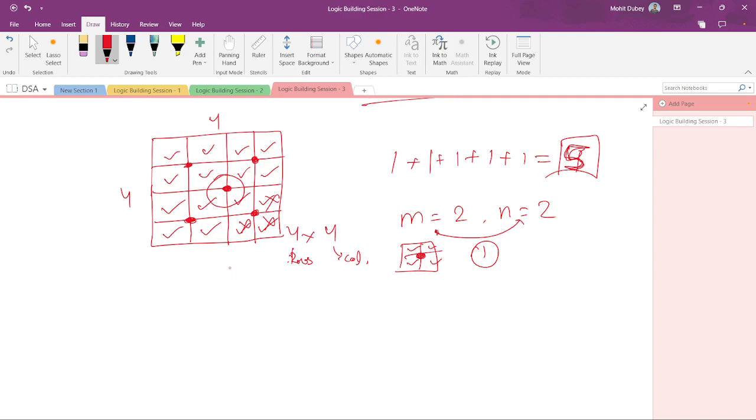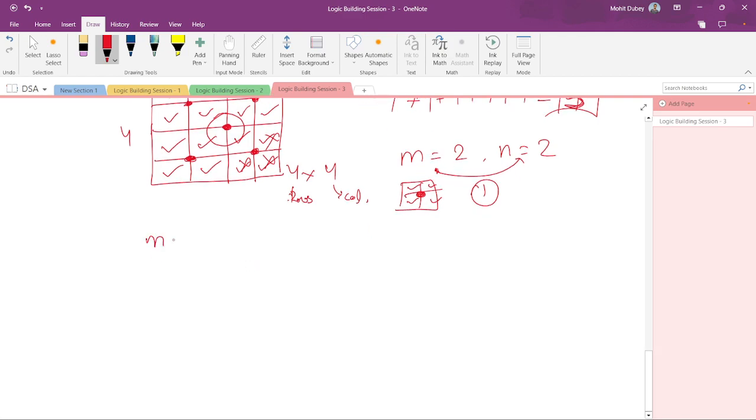If I'm having m equal to 3 and n equal to 2, right? So the grid is like m is 3, and n is 2. So n is basically the row and m is basically the column.